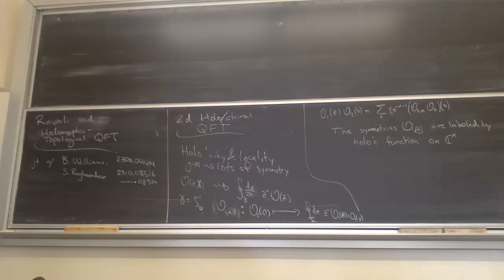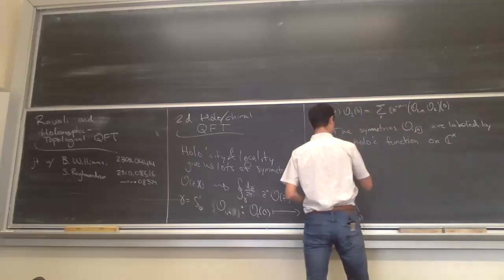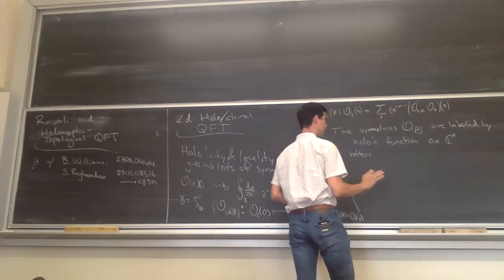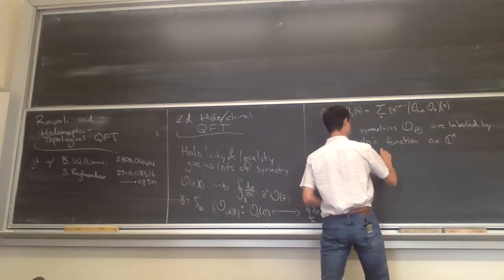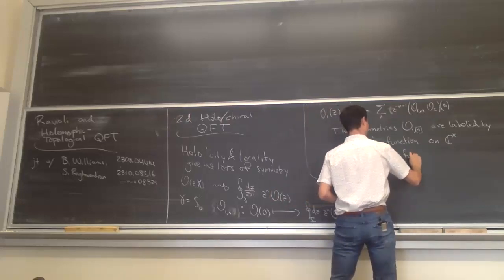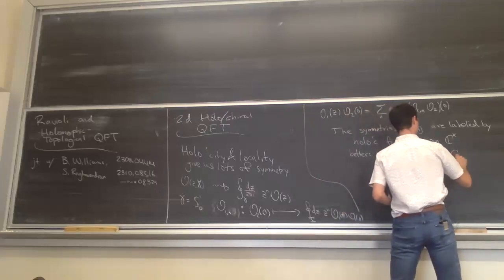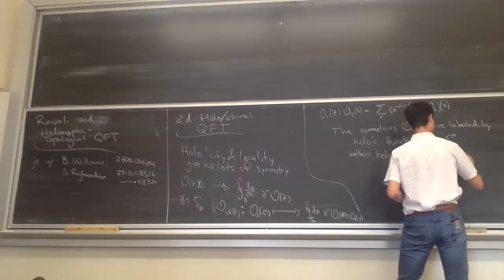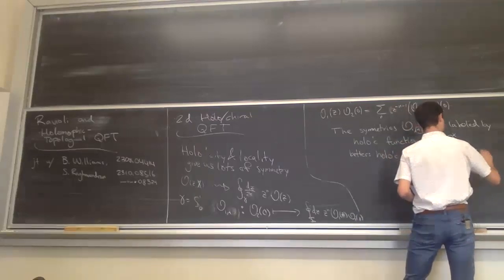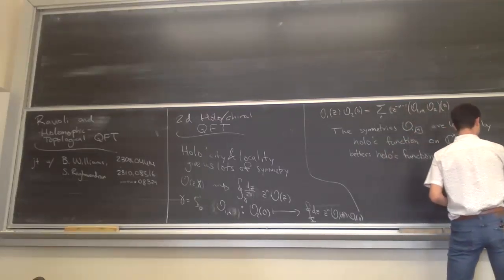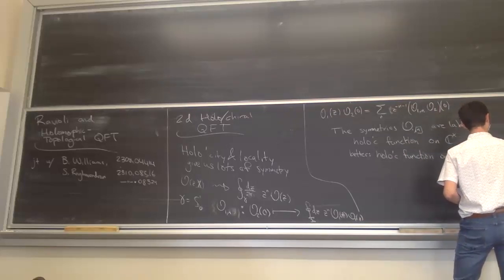These are just the usual holomorphic functions on C star. But a better way to say it might be to instead say it's a holomorphic function on a configuration space of 2 points on the complex plane, modulo overall translations.